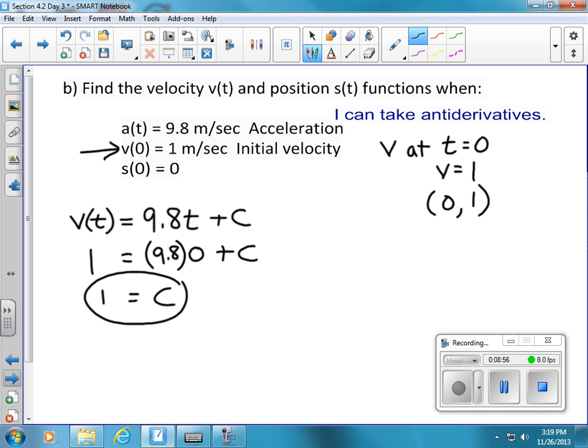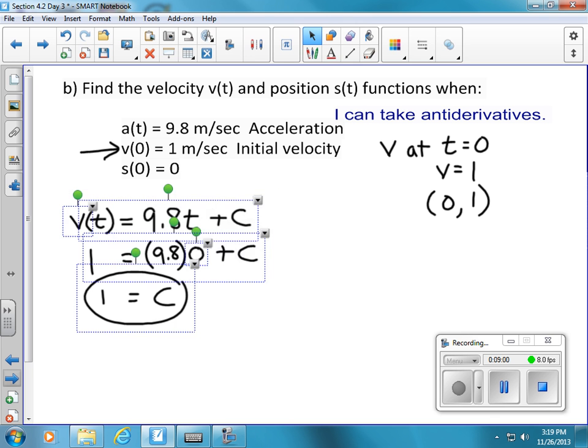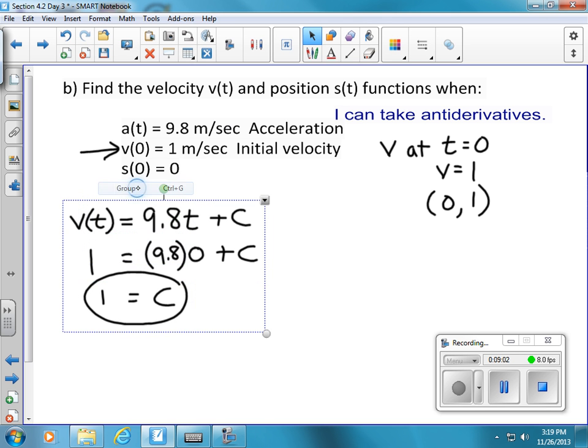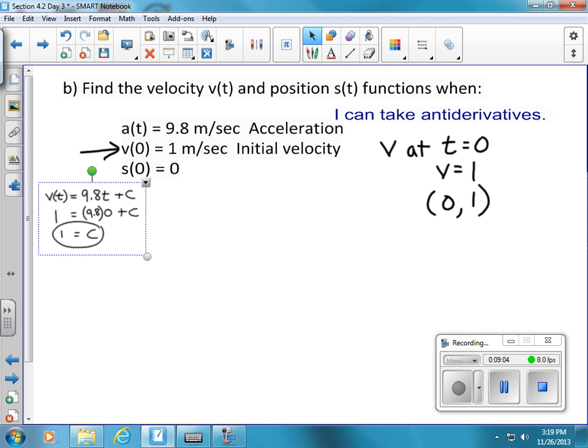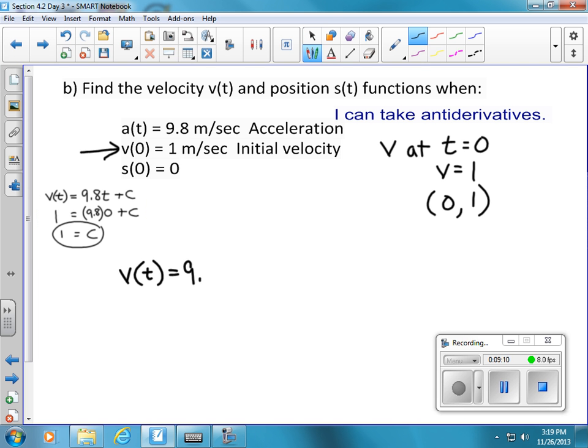All right, so now we have a velocity equation. Velocity equals 9.8 t plus 1. Now we're going to try to find our position. They gave us a point for position.